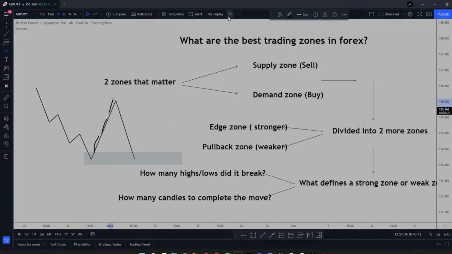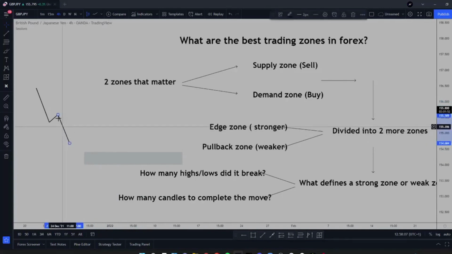You have to understand that the more candles it takes to do the whole move, the weaker the move is. If it's a fast move with 2, 3, 4 candles, that means some heavy buying is going on, or heavy selling if we're looking at a sell scenario. But if it took 20 or 30 candles to do the whole move, it means this zone is not that strong. Of course, it is strong if it broke a lot of highs, but it's stronger if it broke a lot of highs in only a couple of candles, so it almost didn't take any time.